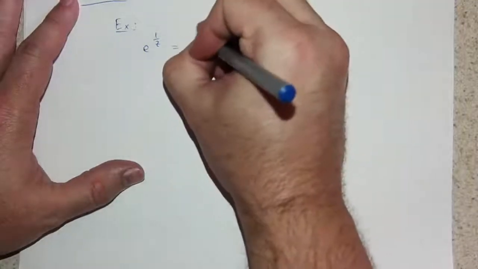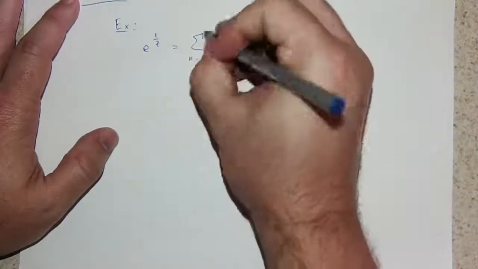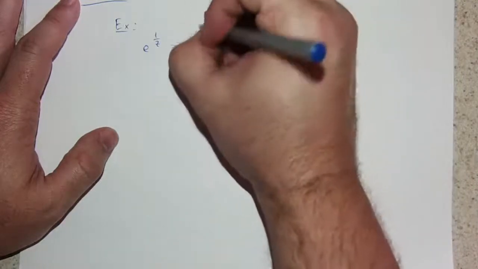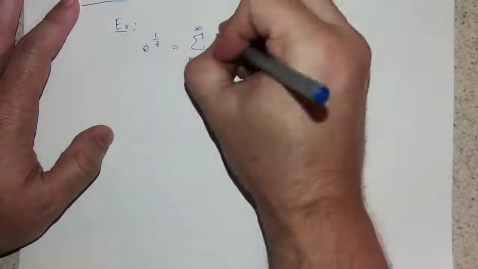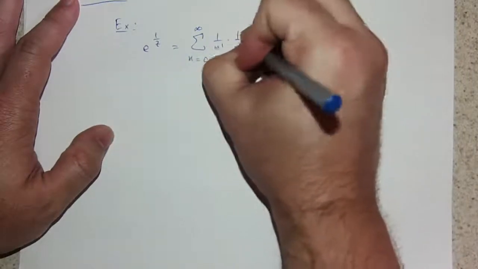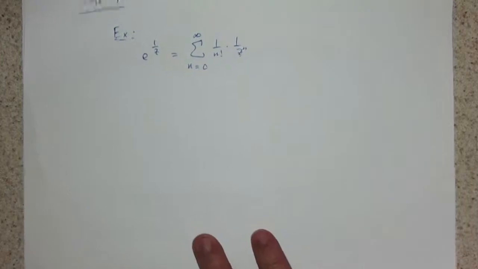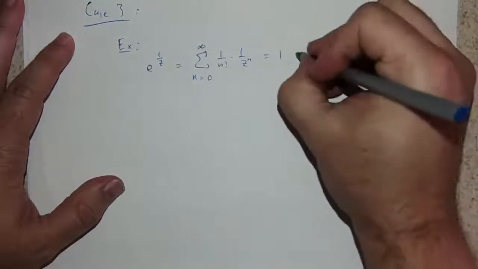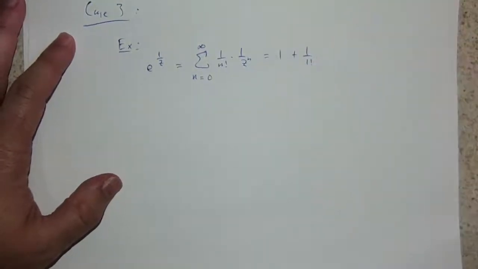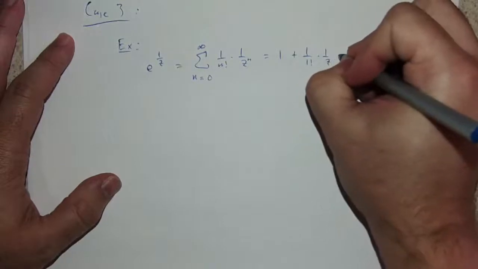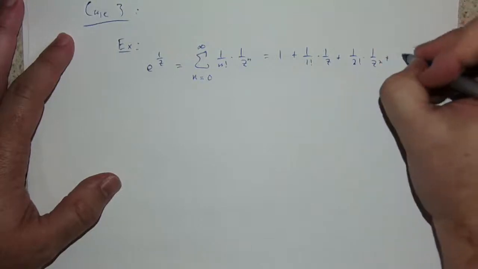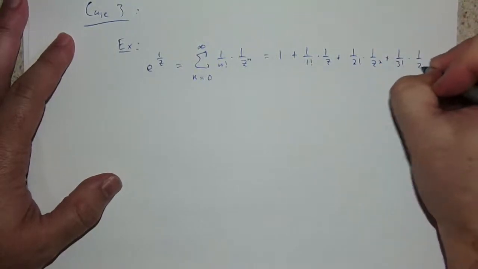This is just looking at the Maclaurin series for e to the z, replacing z by 1 over z, which is the sum from n equals 0 to infinity of 1 over n factorial times 1 over z to the n. Writing this out, this is 1 plus 1 over 1 factorial times 1 over z plus 1 over 2 factorial times 1 over z squared plus 1 over 3 factorial times 1 over z cubed and so on.